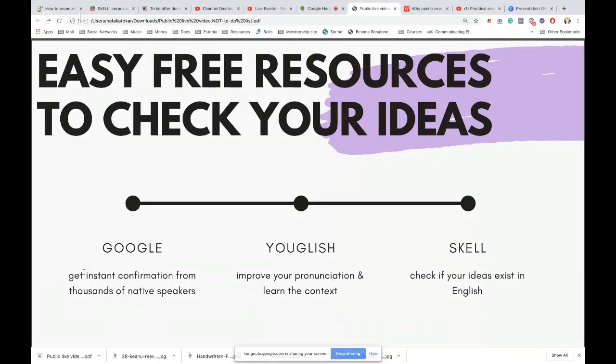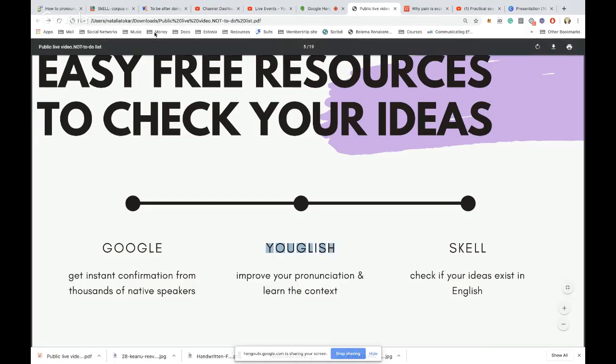But if it's an entry in the media, or a blog post written by a native speaker, you can trust it. When you use Google, try to find at least 10 confirmations of your idea. I have just found 3,000 something, but the quality ones will definitely be more than 10.